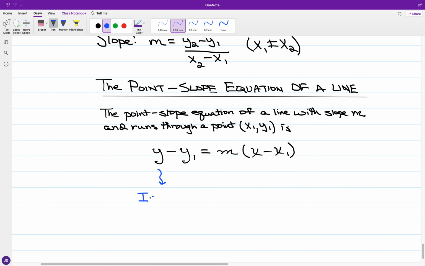And if I were to isolate this particular y, in the case of isolating y, this is going to lead to the next type of equation.